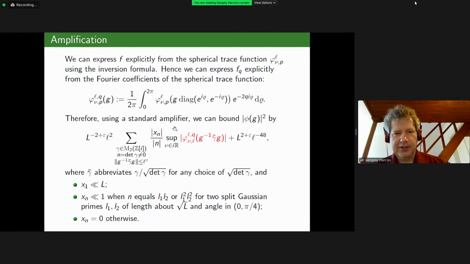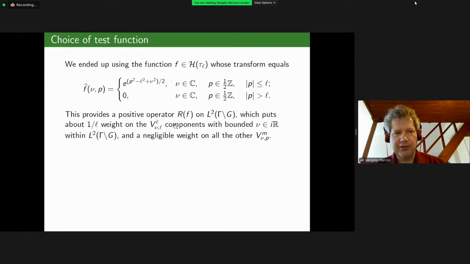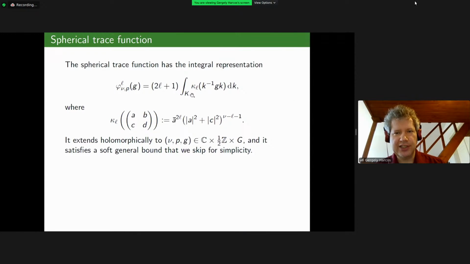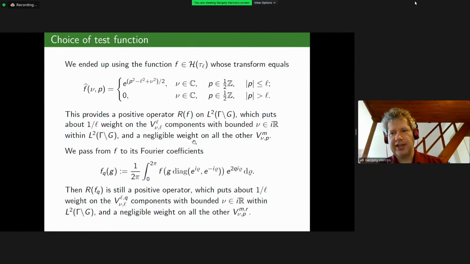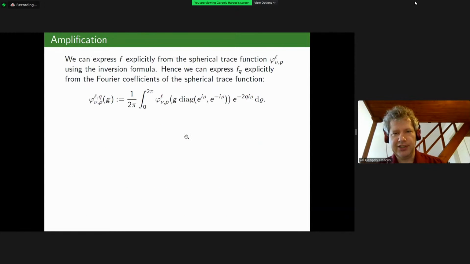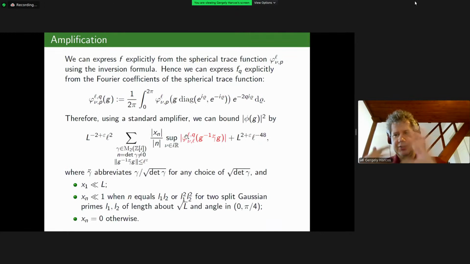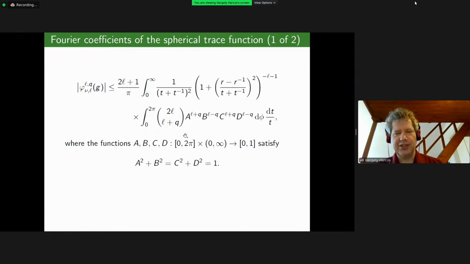And then when you look at the definition of the spherical trace function, that involves an integration over SU2C. That brings in another 3 variables for integration. So we have to juggle these 10 variables. And so that's a bit scary at first.